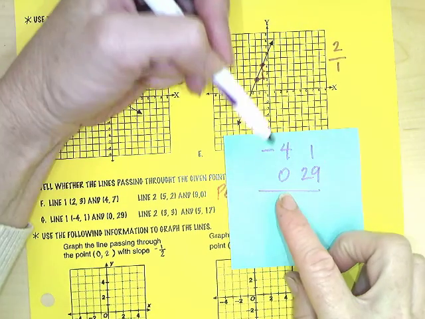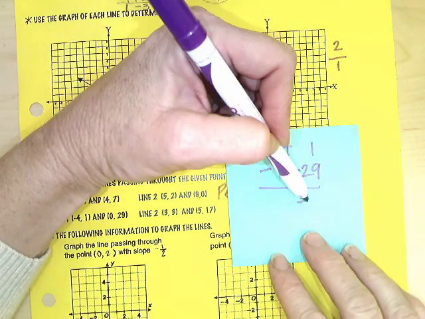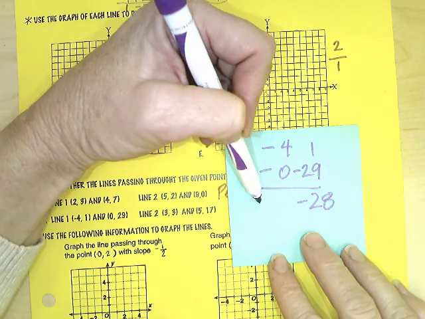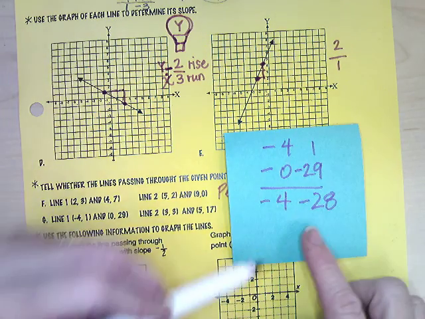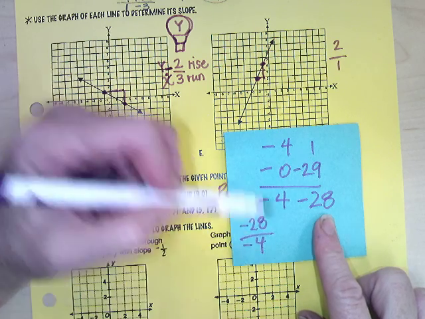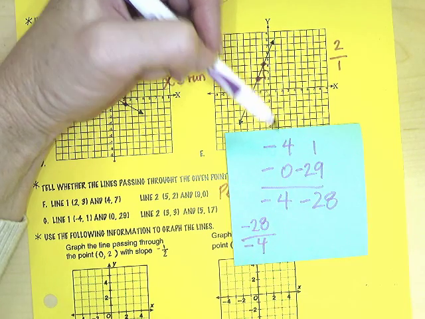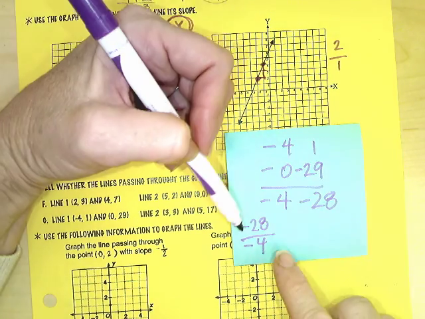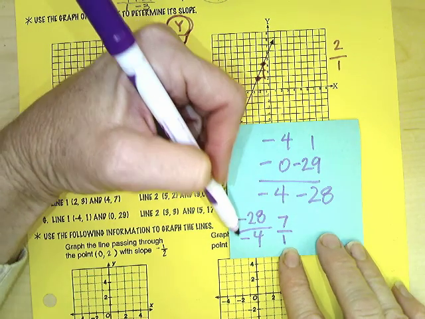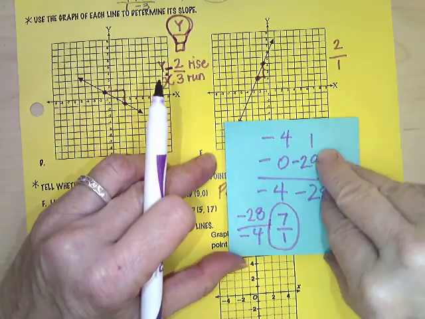Okay, so let's change the second set's signs. 1 minus 29 is -28, or different signs subtract, and -4 minus 0 is -4. On the top is going to be a -28, and on the bottom is going to be a -4. Do you guys see why I wanted you to memorize those rules so much, those rules of integers? It's crazy. Okay, 28 divided by 4 is 7 over 1, and a negative divided by a negative is a positive, so it's got a positive slope of 7 over 1.